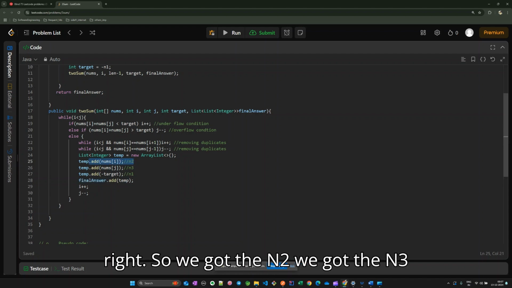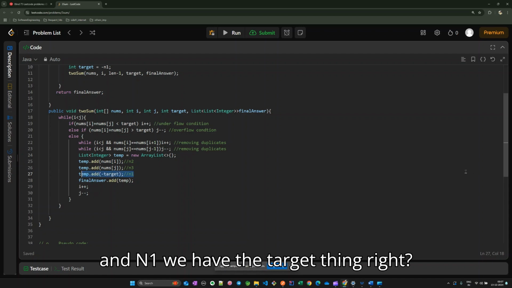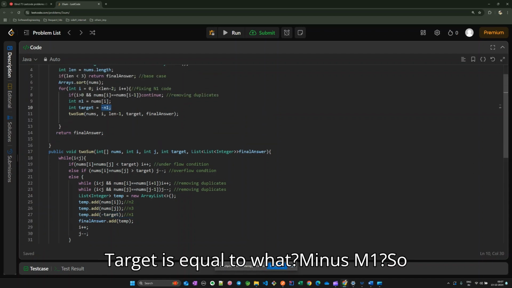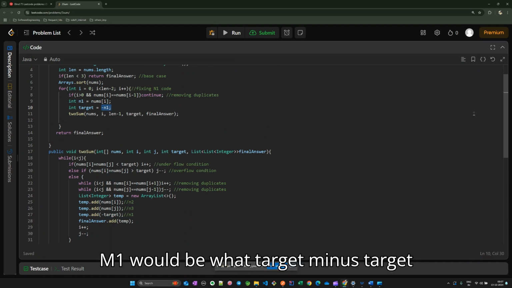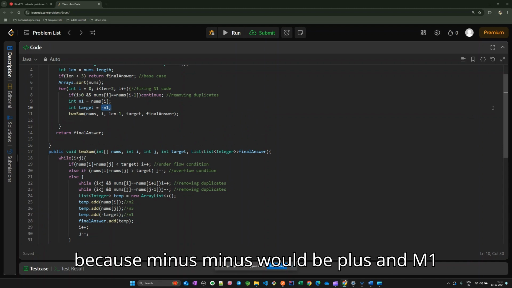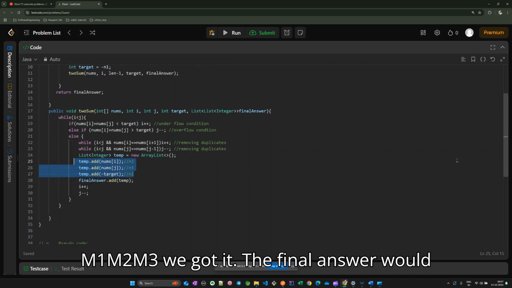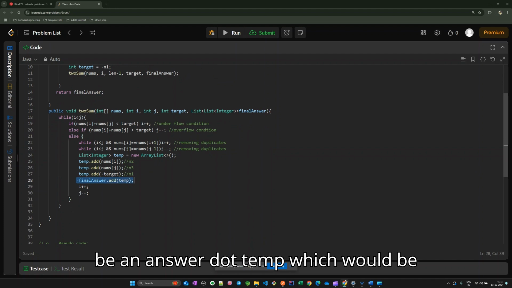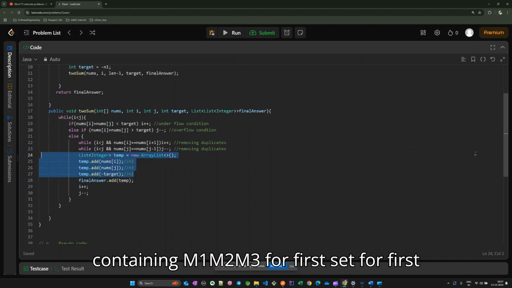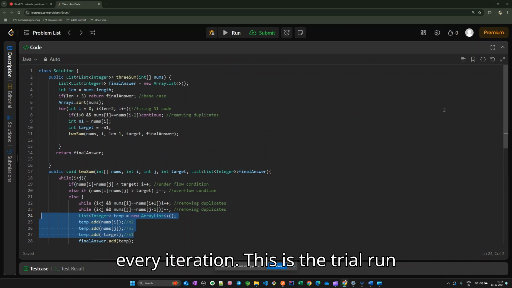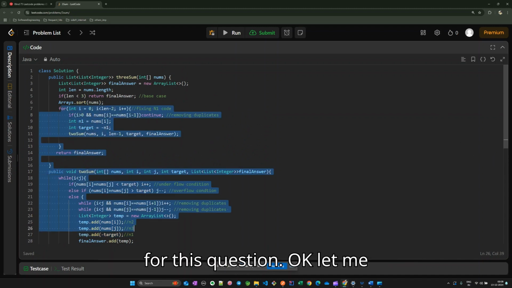We got n2, we got n3, and for n1 we have the target thing. Target is equal to minus n1. So n1 would be target negated, because minus minus would be plus and n1 would be positive. So with n1, n2, n3 we got it. The final answer would add temp, which would contain n1, n2, n3 for the first iteration. Then we will do this for every iteration. This is the dry run for this question.